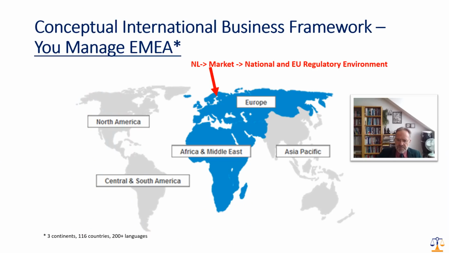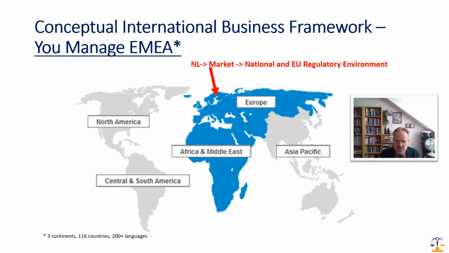First we go to the analysis part and we play the game again. The game that you are managing an EMEA territory, 116 countries, and one of them is the Netherlands. Now, you should be aware now that the Netherlands has a regulatory environment.